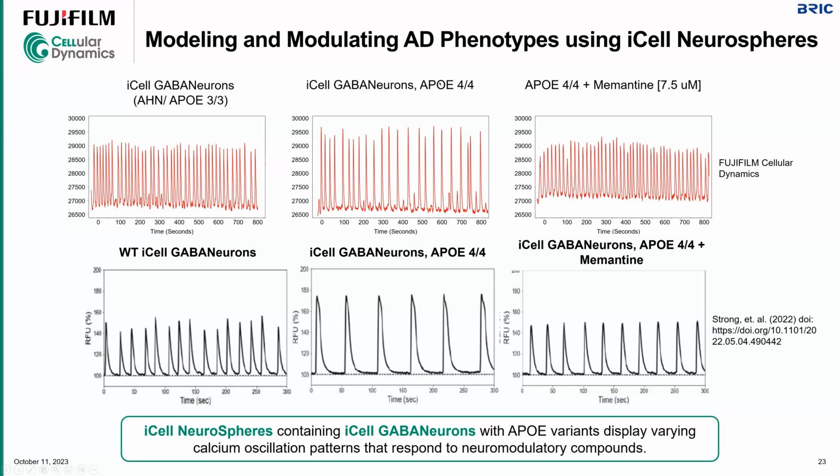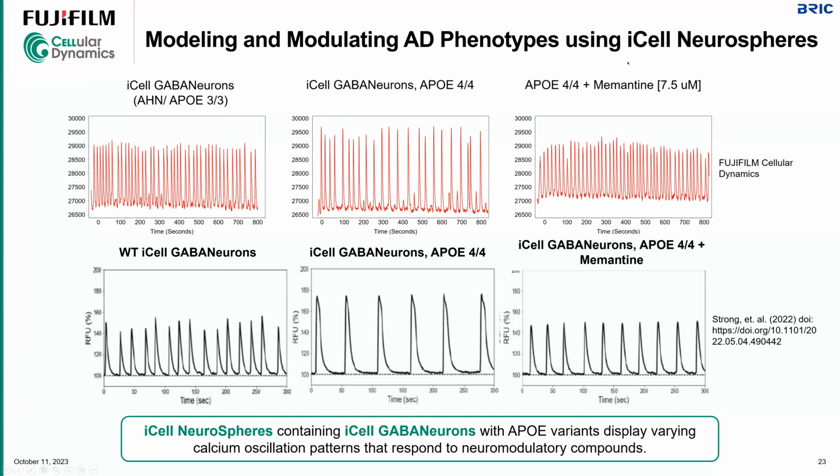But if you substitute these healthy GABA neurons with ApoE33 isoform for iso GABA neurons with ApoE44 isoform, which all of us know is highly associated with Alzheimer's disease development, you can see that this basic calcium oscillation pattern is drastically disrupted. ApoE44 has been shown to impact calcium oscillation patterns in the cells, because it has been shown to impact NMDA receptors and glutamate homeostasis, which is associated with Alzheimer's disease development.